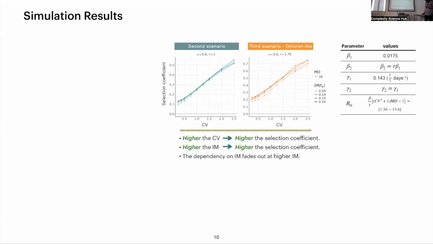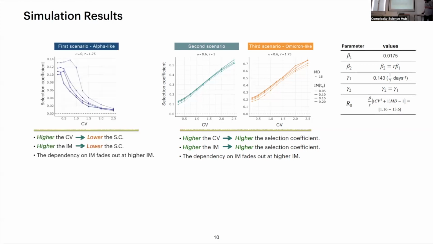But let's see what happens in the first scenario. In the alpha-like scenario, we observe the opposite behavior. The selection coefficient decreases with CV and also decreases with immunity level. This means that a more homogeneous structure favors a variant with no ability to reinfect.